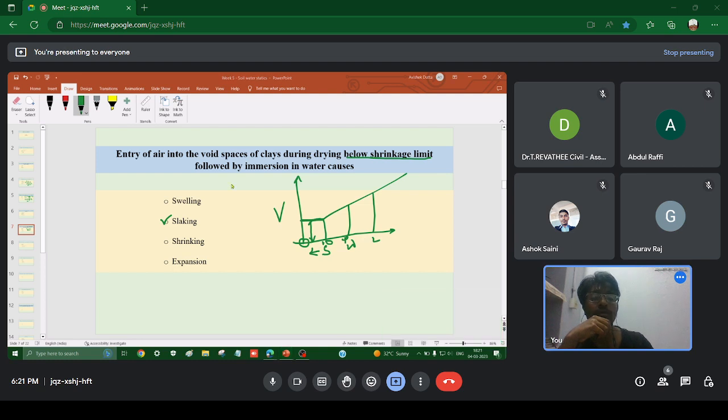Okay. So when the soil is dried below shrinkage limit, as per the BC Punmia book, if you dry it below shrinkage limit and then immerse it in water, it might cause slaking due to the inflow of water and increment of water pressure.